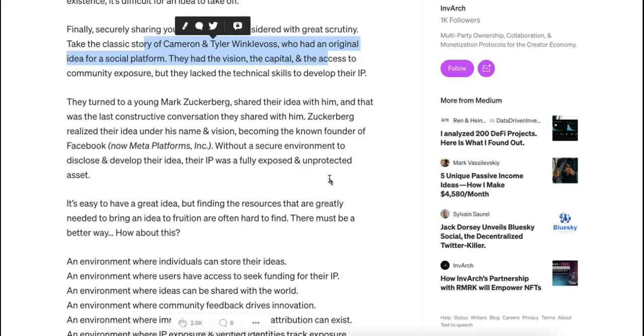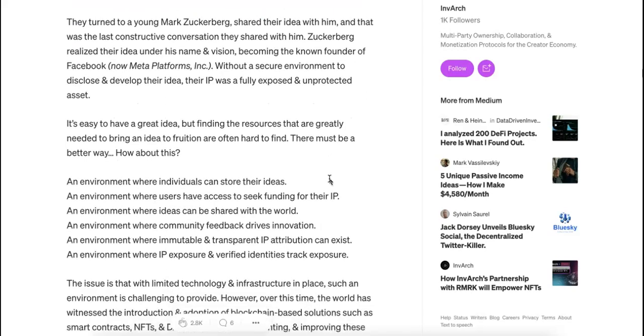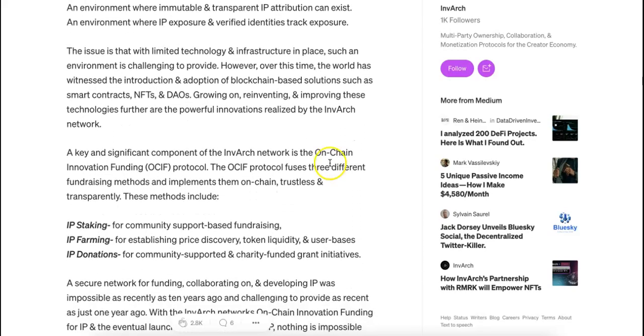And so how to protect that? IP, intellectual property, is very important. And so that's how this on-chain innovation funding protocol comes in, OCIF.